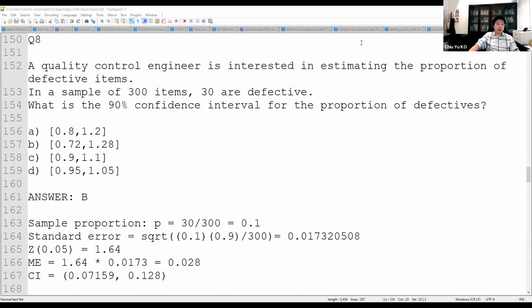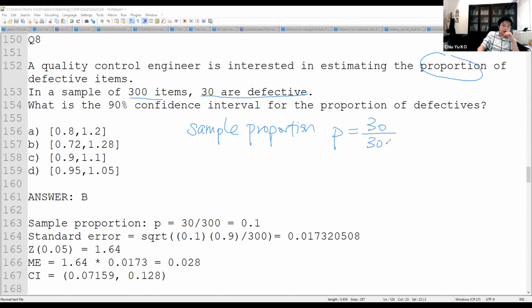the next part will be a little bit more tricky because I don't give you the answer directly, since I'm asking about a proportion. Sample of 30 defective items means the sample proportion p will be 30 over 300, which is 0.1.